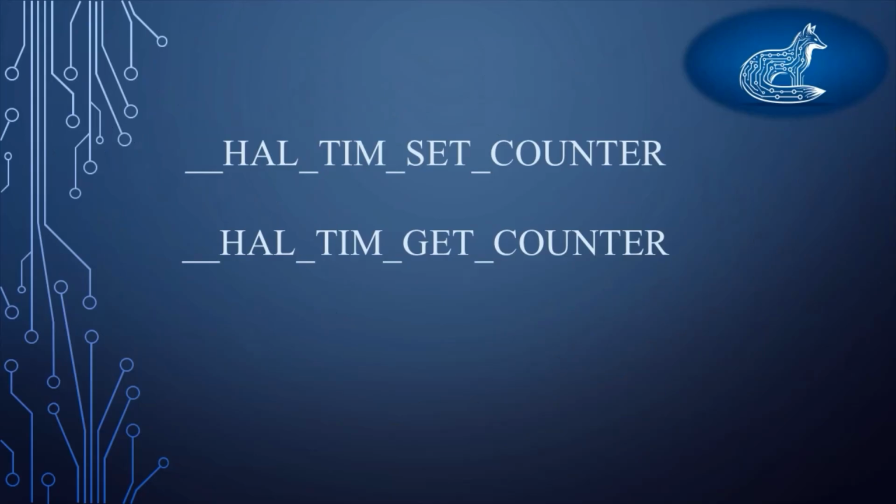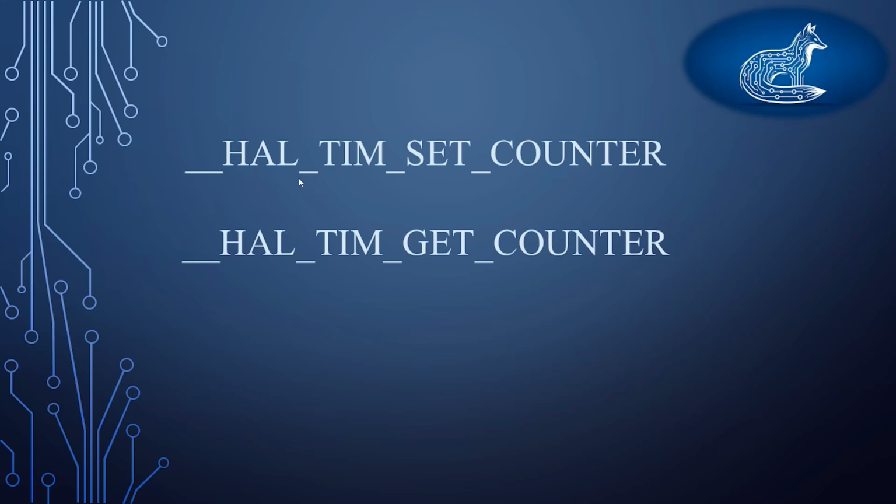The warning that we encountered is because of a syntax mistake that I made. As you can see, to use these functions to set the counter value and get the counter value, we need to write double underlines at the beginning of the function and single underline between words.